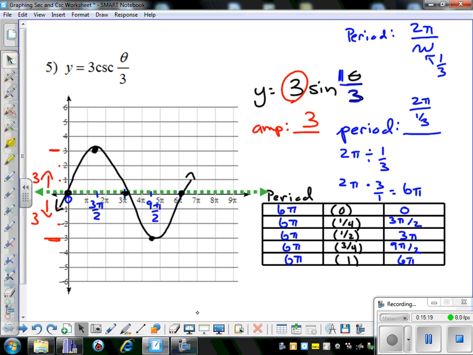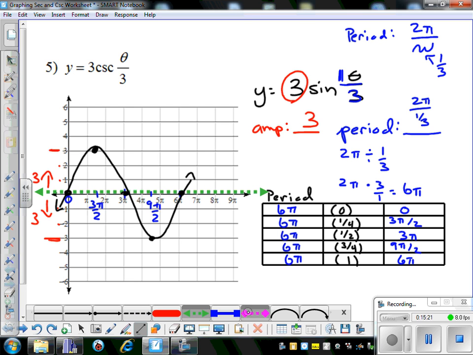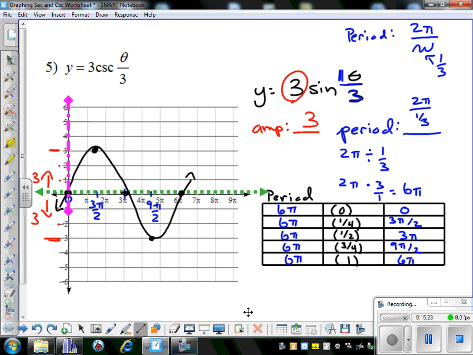Now, we need to draw in our asymptotes. Everywhere our points hit the midline, our graph crosses our midline. We'll graph those in. Then we'll take each one of our points and make our parabolas.